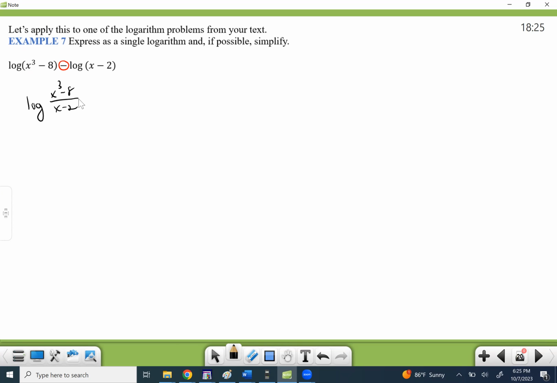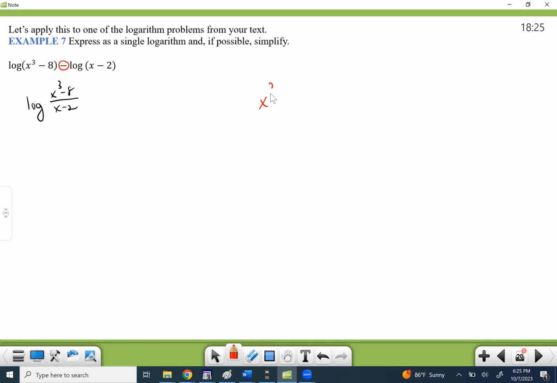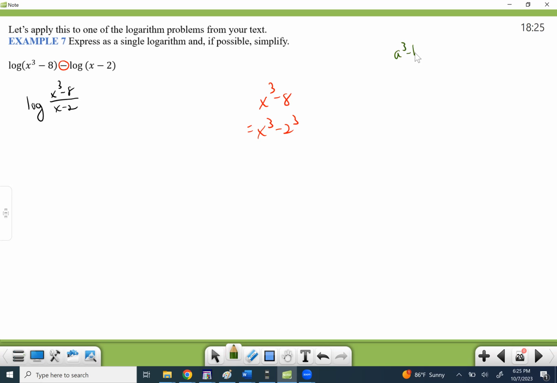And so this is where that difference of cubes thing comes in, right? If we take x cubed minus 8, we can write that as x cubed minus 2 cubed. So if we use the formula for a cubed minus b cubed, same sign, opposite sign, oops, always plus, our A would be x and our B would be 2.